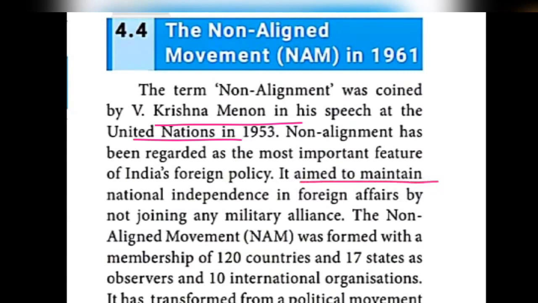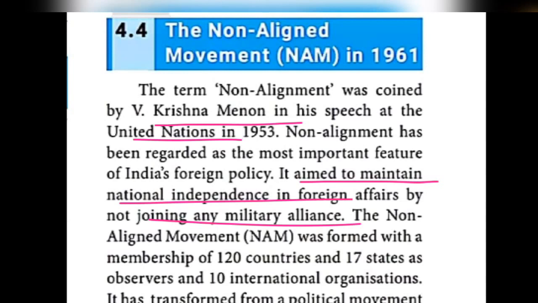To maintain national independence in foreign affairs by not joining any military alliance. There were many military alliances, like NATO, CETO, CENTO, and the Baghdad Pact, but India did not join any of them, nor did it join the USA or Soviet Russia.